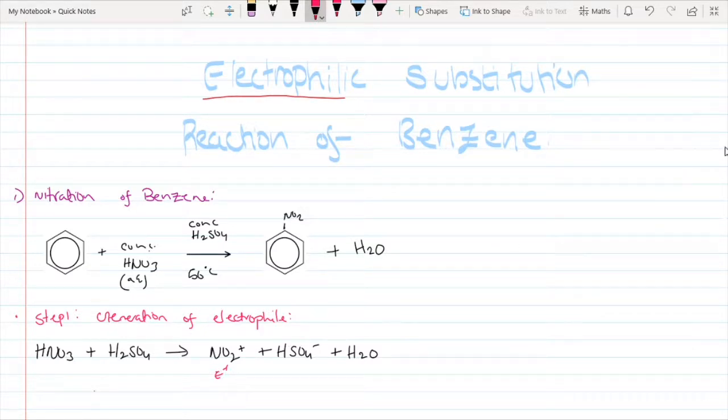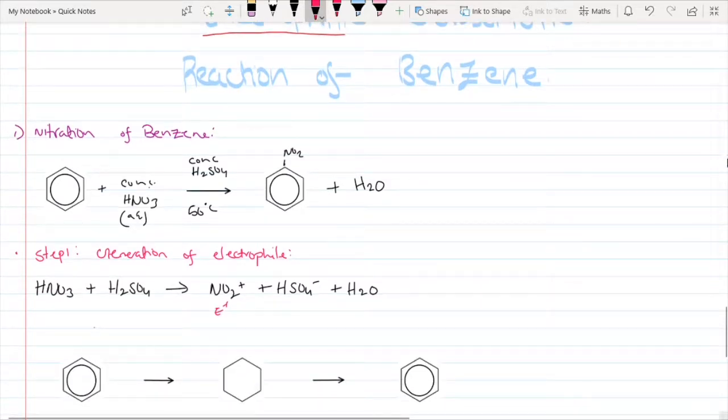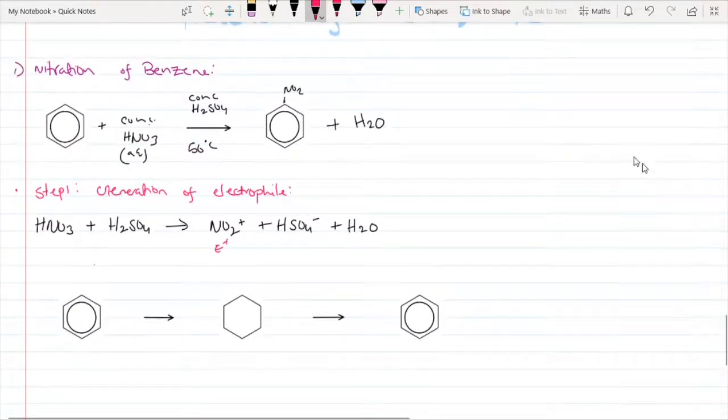If we move on to step two, step two would be our substitution reaction. So it is a substitution reaction, and therefore it would involve some curly arrows.